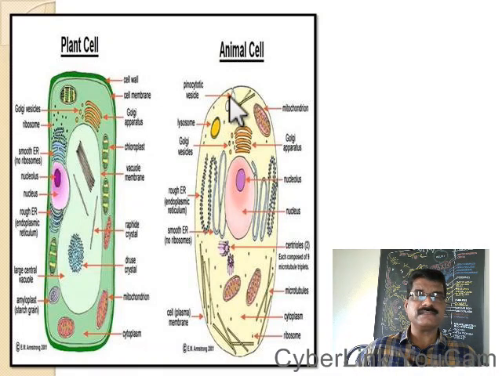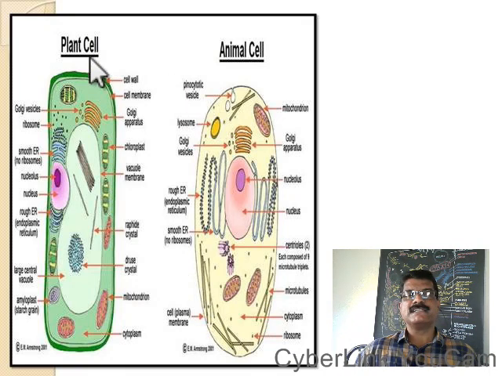The cell is actually covered by a membrane that is called the cell membrane or the plasma membrane. In animal cell, the cell membrane or the plasma membrane is the outermost layer, whereas in plant cell the outermost layer is the cell wall.